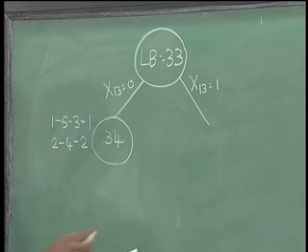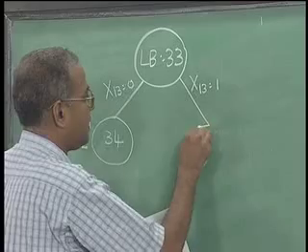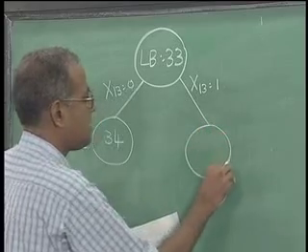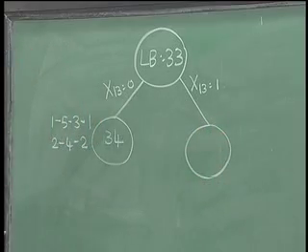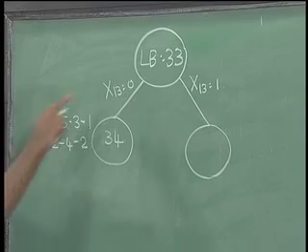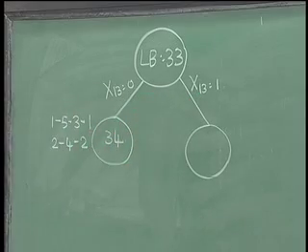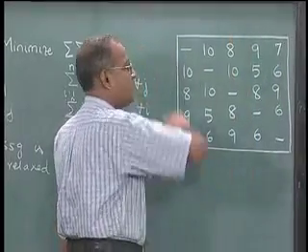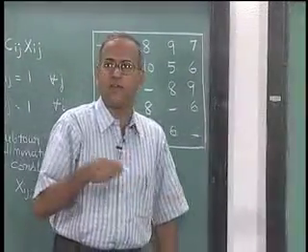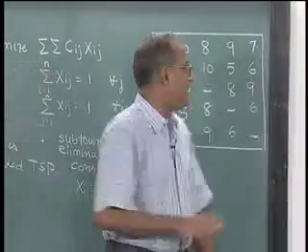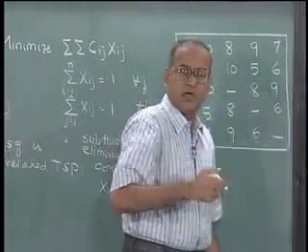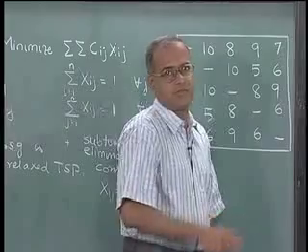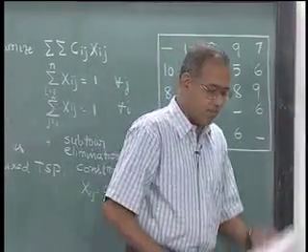Now, when we solve the other one, when we put x 1 3 equal to 1, since we force x 1 3 equal to 1, we can leave out the first row and the third column and solve a resulting 4 by 4 problem, and we add this 8 to the objective function value of the optimal solution.